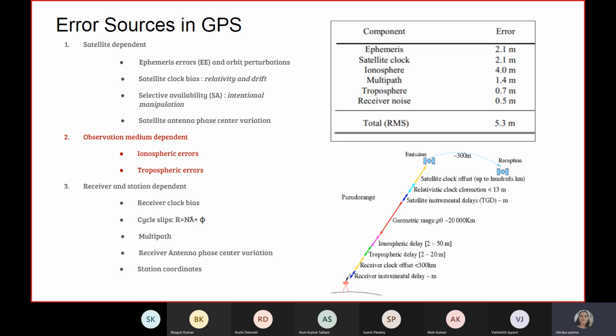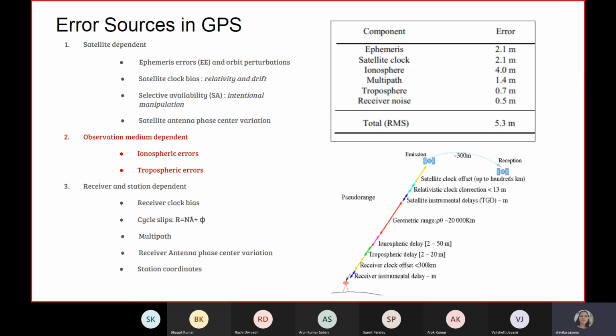So all these errors make up the error budget. You can see the effects of these errors on the total delay that is happening in the signal. Total RMS is being shown as 5.3 meters. A very major portion of this error is caused by the ionosphere.